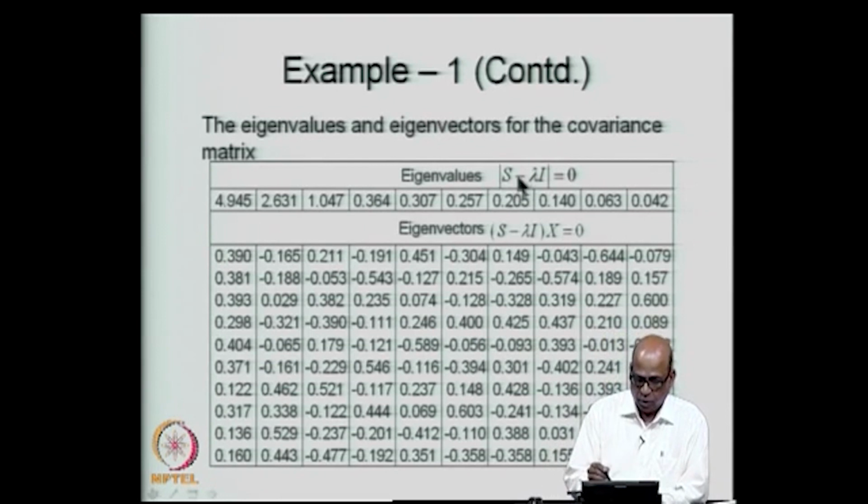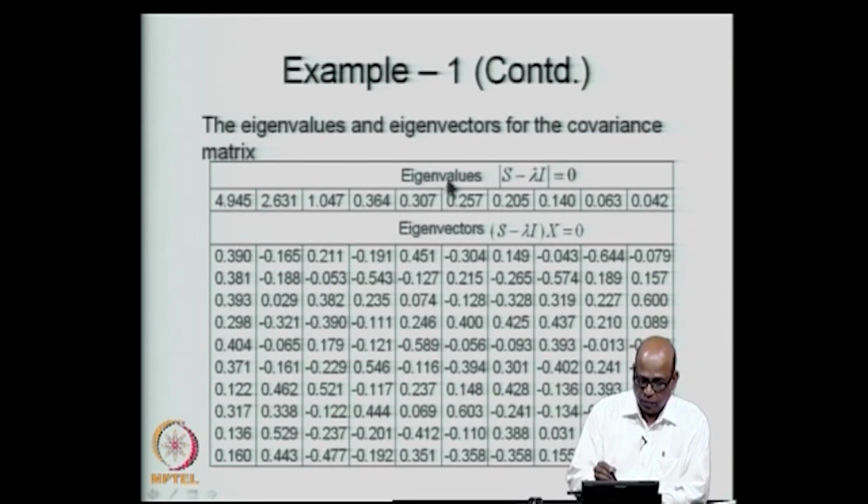The eigenvalues are obtained by setting the determinant of S minus lambda I equal to 0 and then obtaining the lambdas. S is a 10 by 10 matrix and therefore, I will get 10 lambda values here.